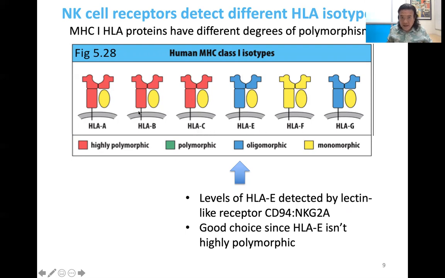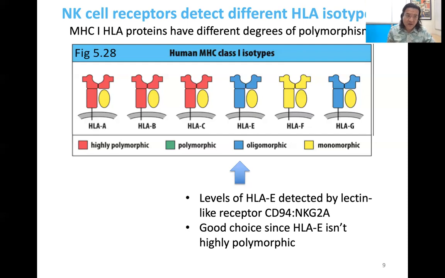Right? And then the actual shape of your A, B, C, E, F, or G type is dependent upon what version or what allele you inherited based upon your racial, ethnic background, right? Your ancestry, that carries different polymorphisms. Remember, we learned that these HLA genes that code for these HLA proteins are some of the most highly polymorphic alleles in the human genome.